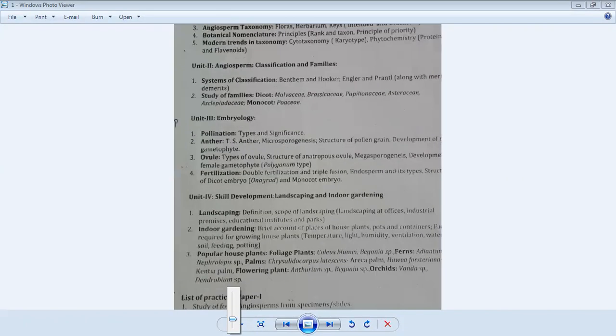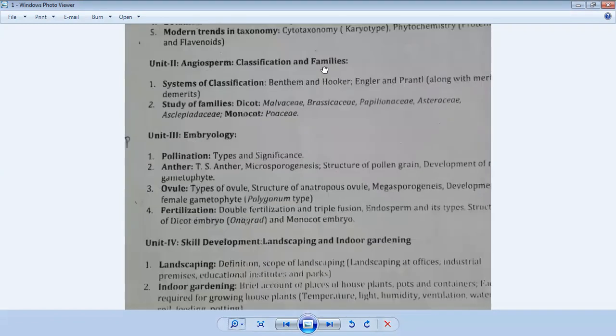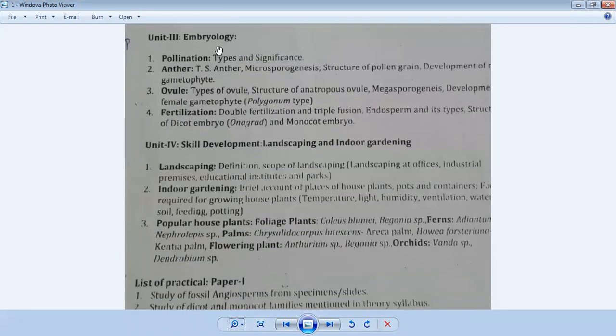Dear students, we are discussing the part of BSc Semester 3 Paper 1, Angiosperm Systematics, Embryology and Indoor Gardening. In this we are discussing Unit 3, which is the part of Embryology. It consists of pollination, types and significance, anther, TS of anther, microsporogenesis, structure of pollen grains, development of male gametophyte, ovule, types of ovule, structure of anatropous ovule, then megasporogenesis, development of female gametophyte, that is the Polygonum type of development.